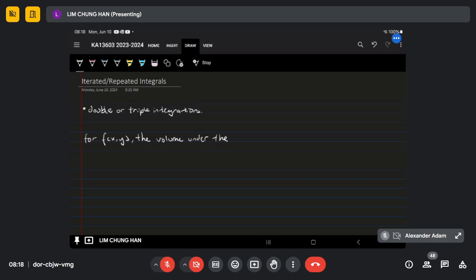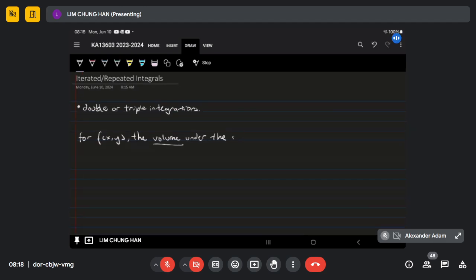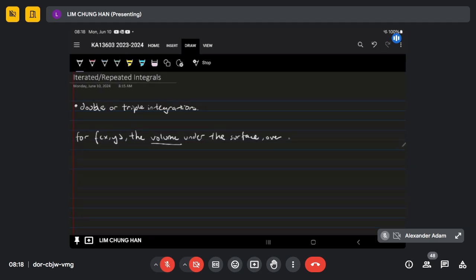I just want to make sure you know the calculus 1 stuff before I teach you the calculus 2 stuff. So for any function, the volume under the surface over a region R is given by this.